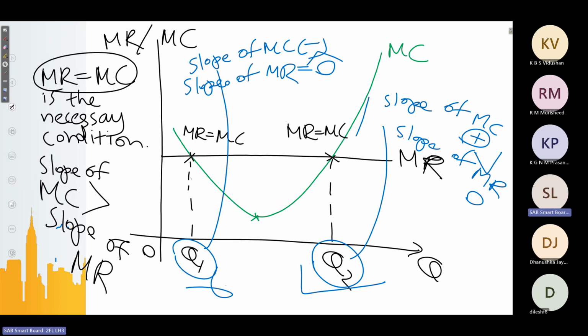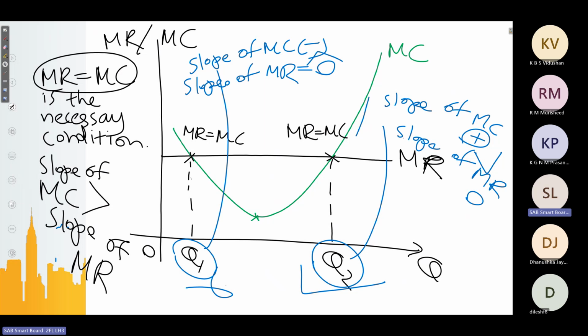To confirm that the profit maximizing output level is there, we have to look at the second condition as well. The second condition says that slope of marginal cost is greater than slope of marginal revenue.